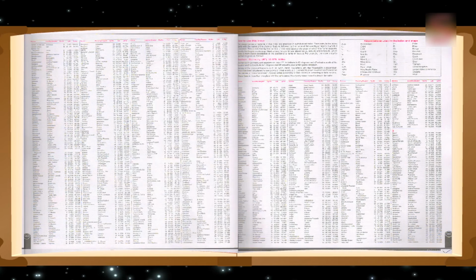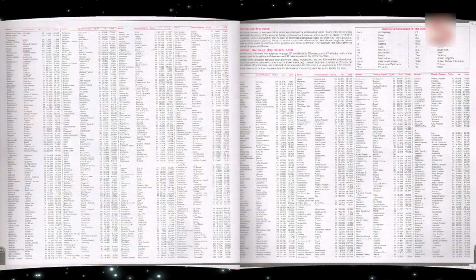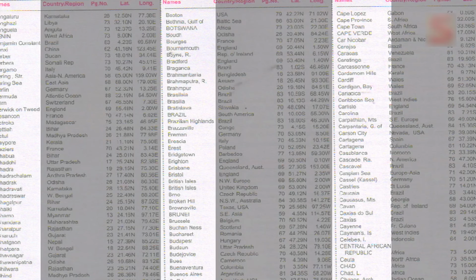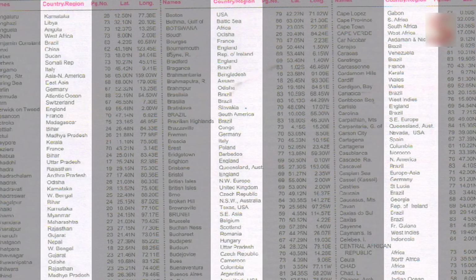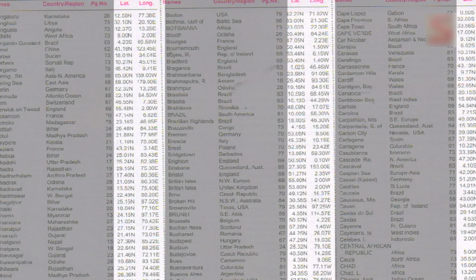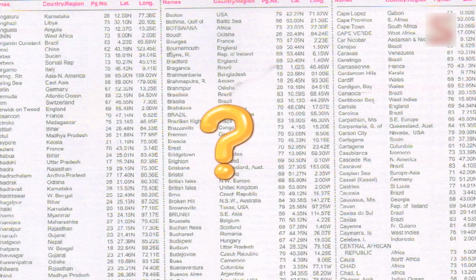Towards the end of the atlas is an alphabetical listing of various places from which you can find out the information on latitudes and longitudes of various places. The listing gives the name of the place, the name of the country, the page number of the map, the latitude and the longitude. Isn't that simple and easy?